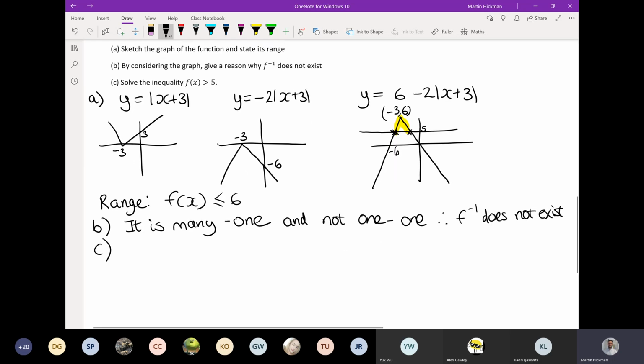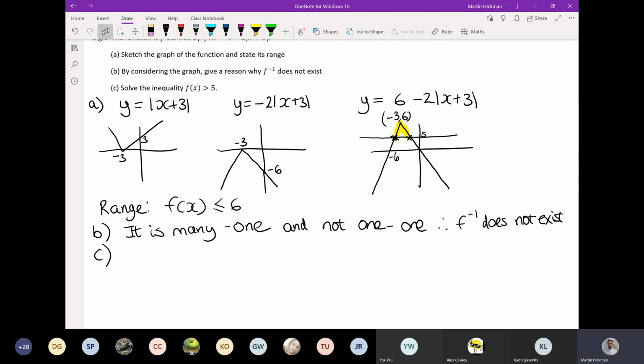So I need to find my critical values. Remember, my critical values are going to be where it equals exactly 5. So what I'm going to do is set this equation to 5.